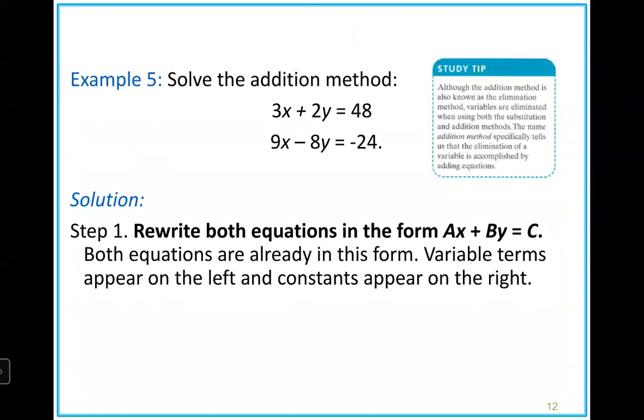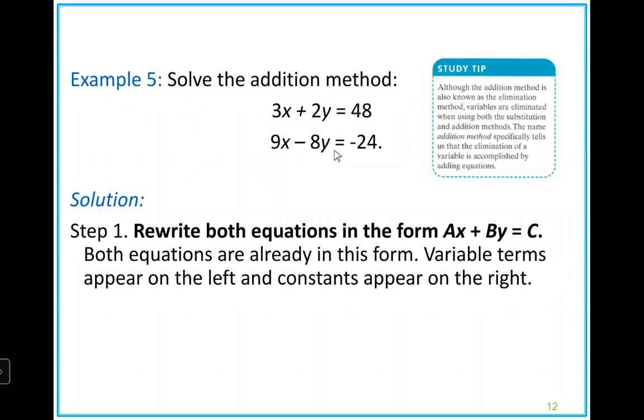So we have one example here, example 5, where you're given these two equations. This addition method is useful when you don't have any of the coefficients equal to 1 or -1. So you have 3x plus 2y equals 48, 9x minus 8y equals -24.